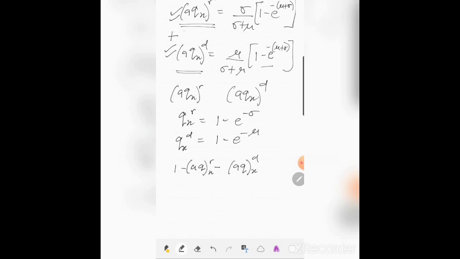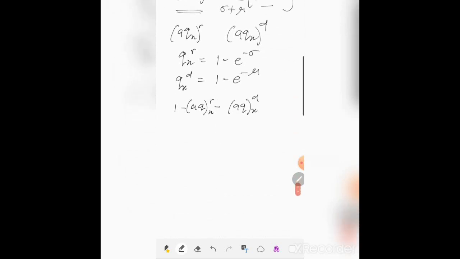If I sum up these two things, I'm getting 1 minus e to the power of negative (nu plus sigma).